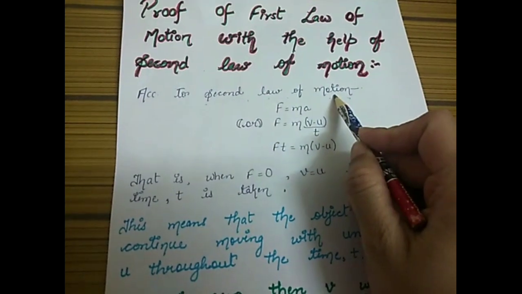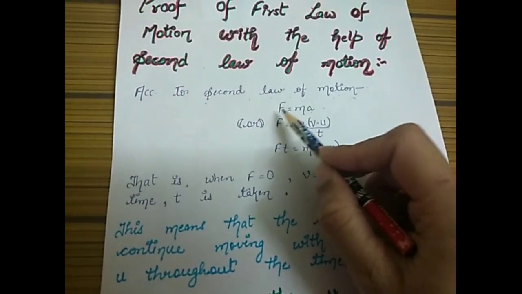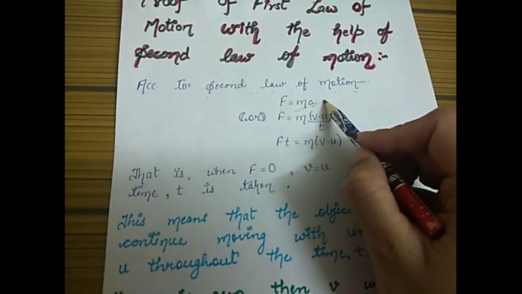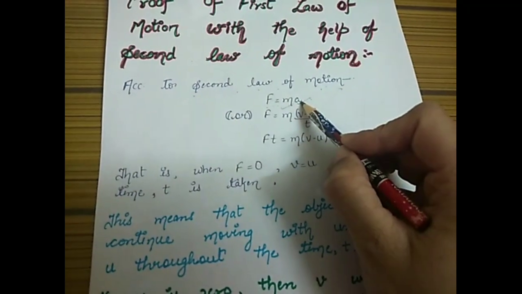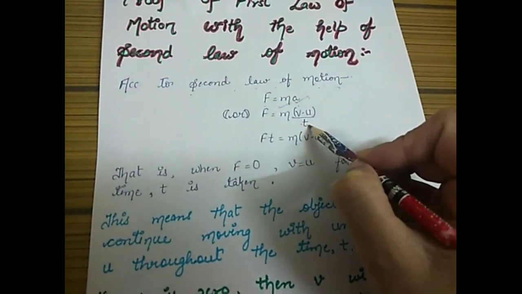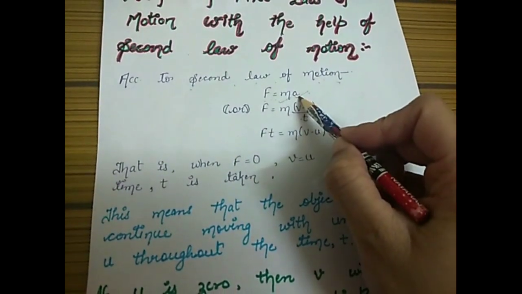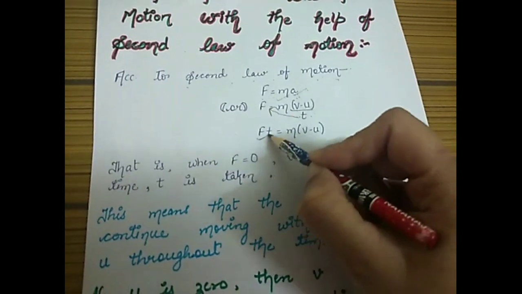Here is the proof of the first law of motion using the second law. First we write the second law of motion: F is equal to ma, the product of mass and acceleration. And acceleration, as we studied in the previous chapter, is a equal to v minus u upon t, that is, the rate of change of velocity. Now I have transferred t to the side with F.